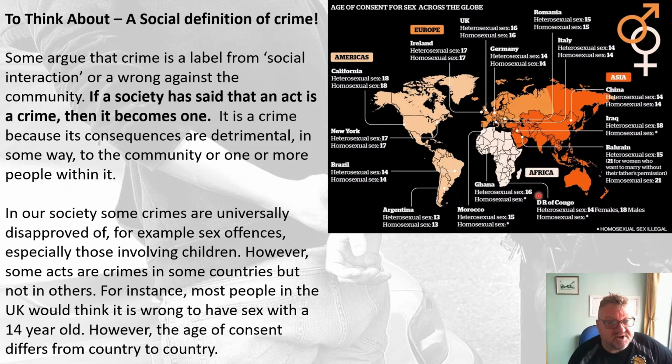In Ghana it's 16, in the Democratic Republic of Congo it's 14 for females, 18 for males. In New York it's 17, in Brazil it's 14. So this just goes to show you this idea that it's a societal idea, this idea of what a law is. It's something that societies themselves make up.